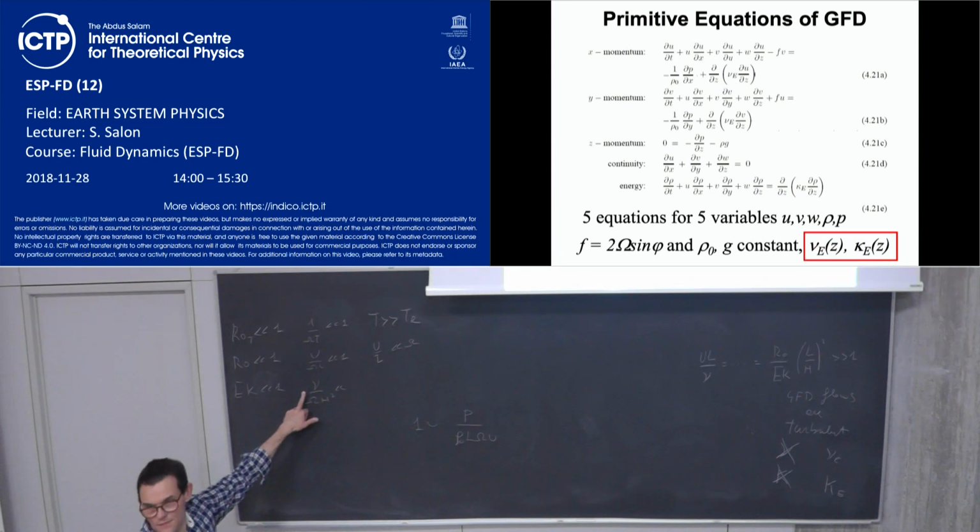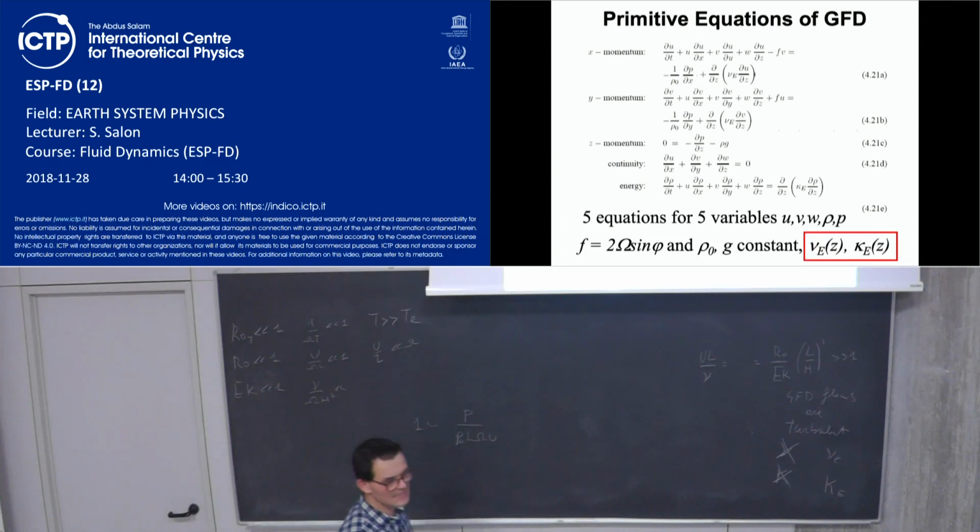And the last one means that we are actually far from boundary. So we are completely neglecting any kind of effect due to boundary. We can say that we are going to describe the effects that we can observe, for example, quite high in the atmosphere or quite deep in the ocean. So we are far from the boundary, far from the surface, far from the bottom.